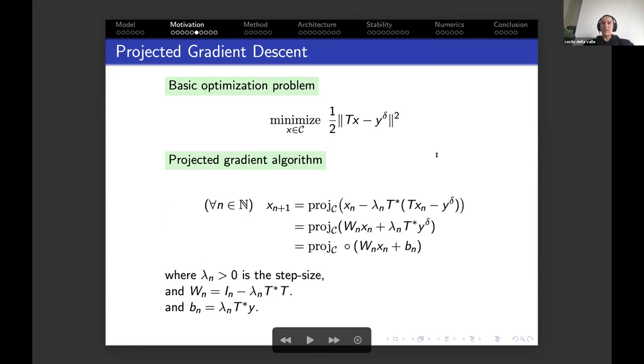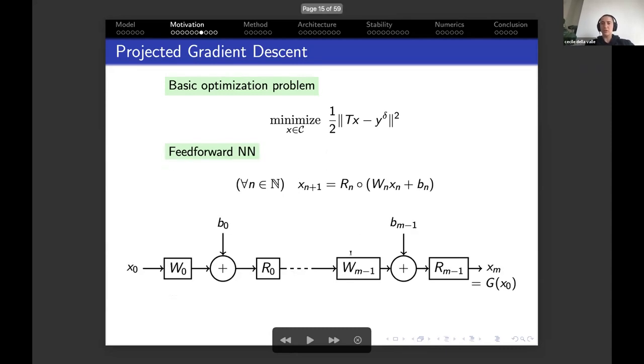Now if I rewrite the projected gradient algorithm, I can write it as a linear part applied to Xn plus a bias. The linear part depends on the gradient step and the operator, and the bias depends on the measured solution. So now we have almost a feed-forward network.